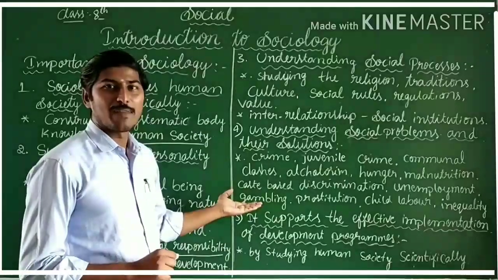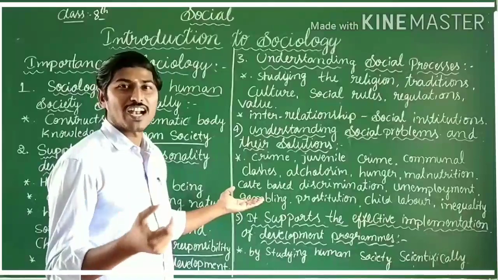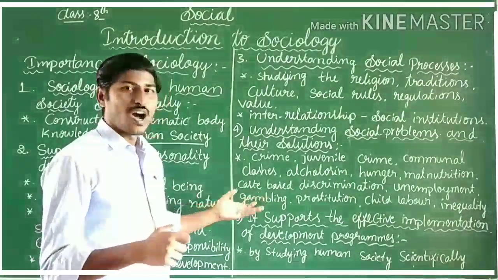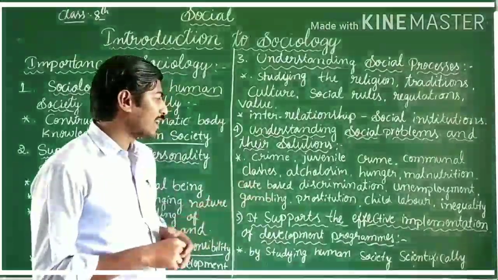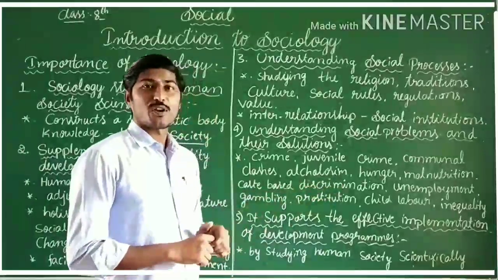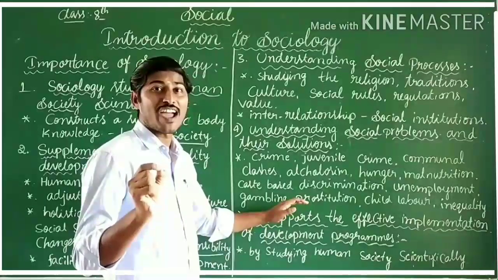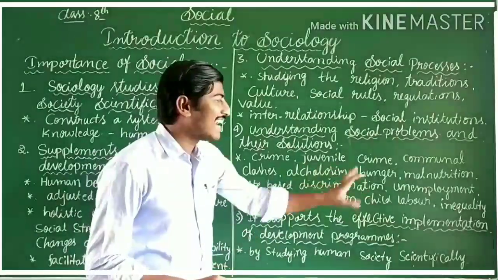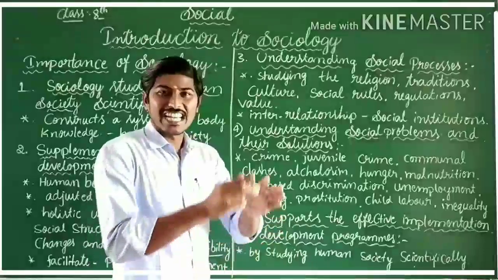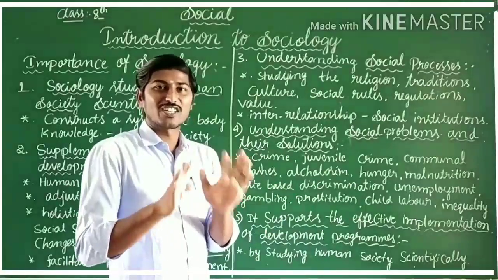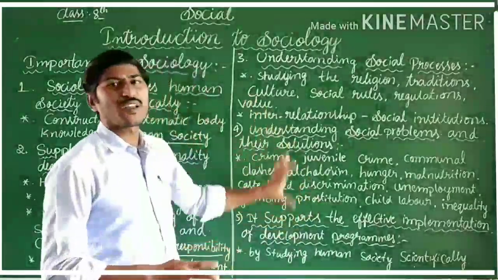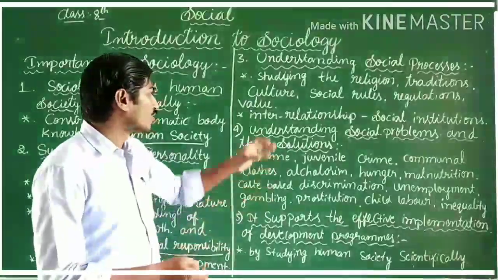And gambling, which in Kannada we call jujata, ispate, and also cricket betting, and also prostitution, which in Kannada we call vesha vatike. Also child labor and gender-based inequality are there in society. These are all the problems we are facing in society.